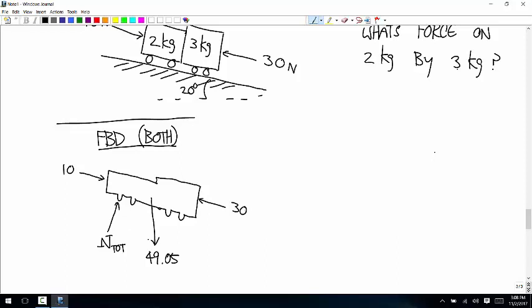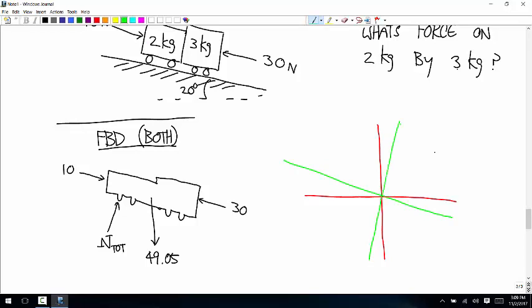Okay, so now we have to calculate the components of that weight force. Our coordinate system is like this. There's the positive x-axis, positive y-axis. From the picture, you can see this angle is 20 degrees.